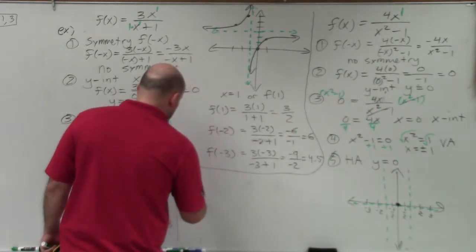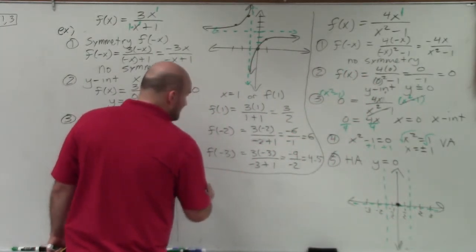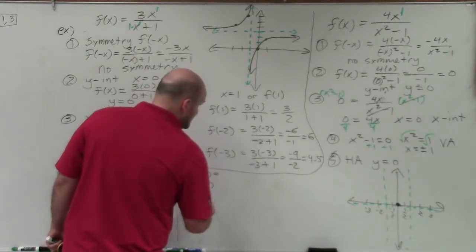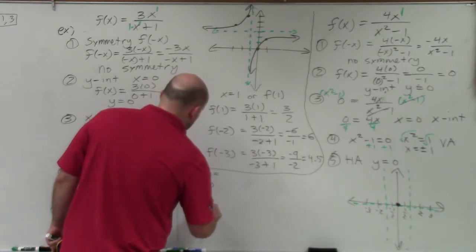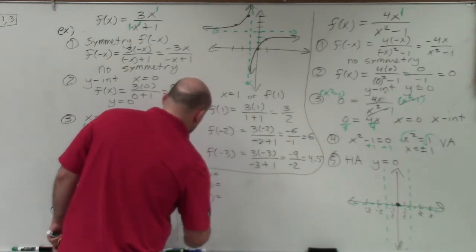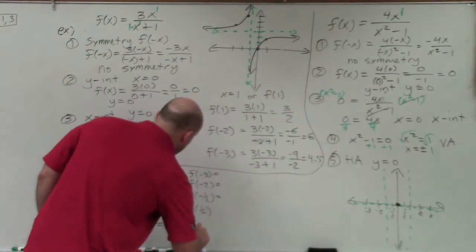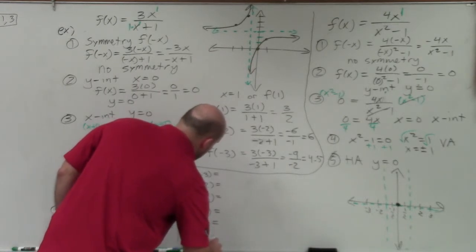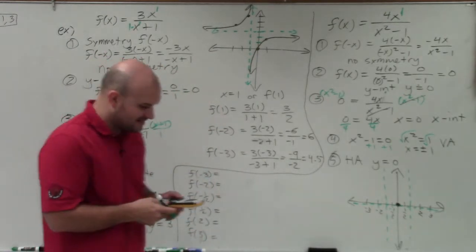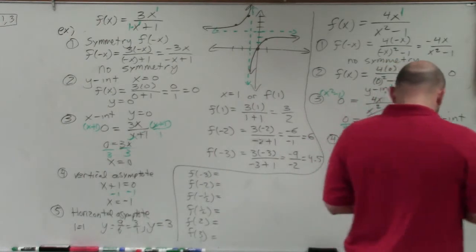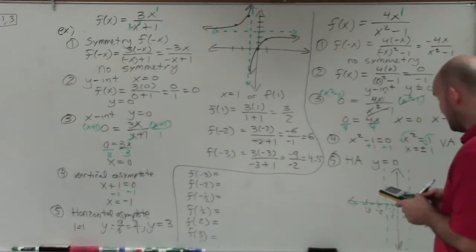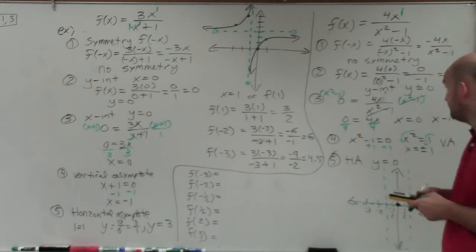So I'm going to evaluate f of negative 3, f of negative 2, f of negative 1/2, f of positive 1/2, f of 2, and f of 3. I'm going to plug all those values in for x and then find the y value so I can plot the points.